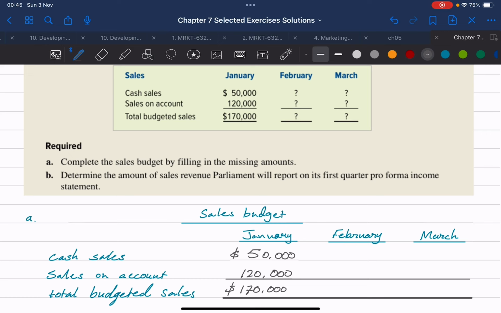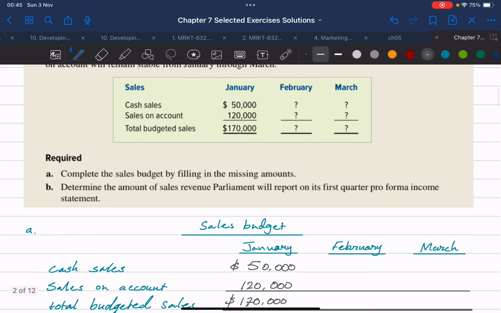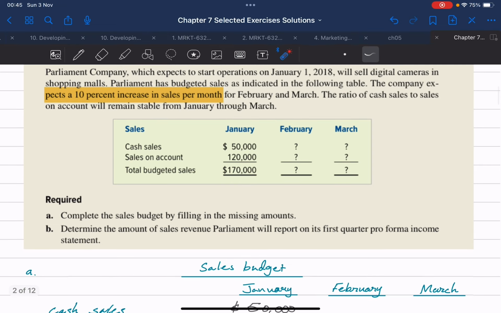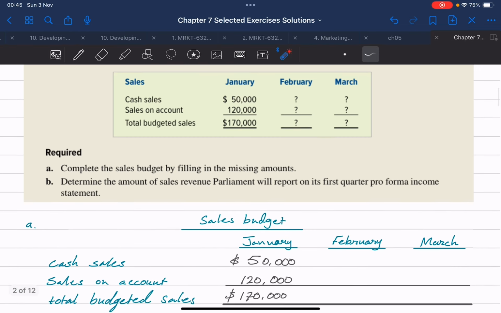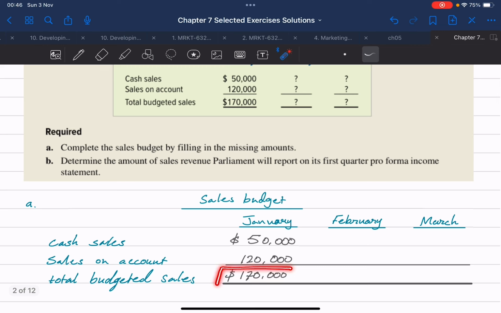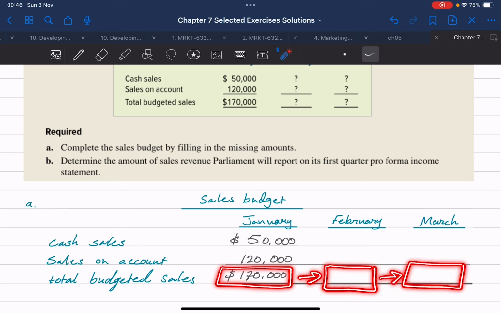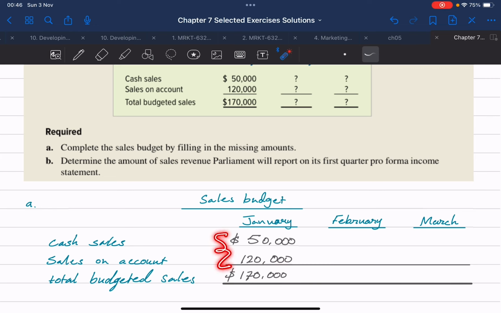So we have January figures right here. All we need to do is fill in February and March based on the information given to us. The question said the company expects a 10% increase in sales per month, meaning that this figure is going to increase by 10% for February and then another 10% for March, keeping the ratio of cash sales to sales on account percentages.